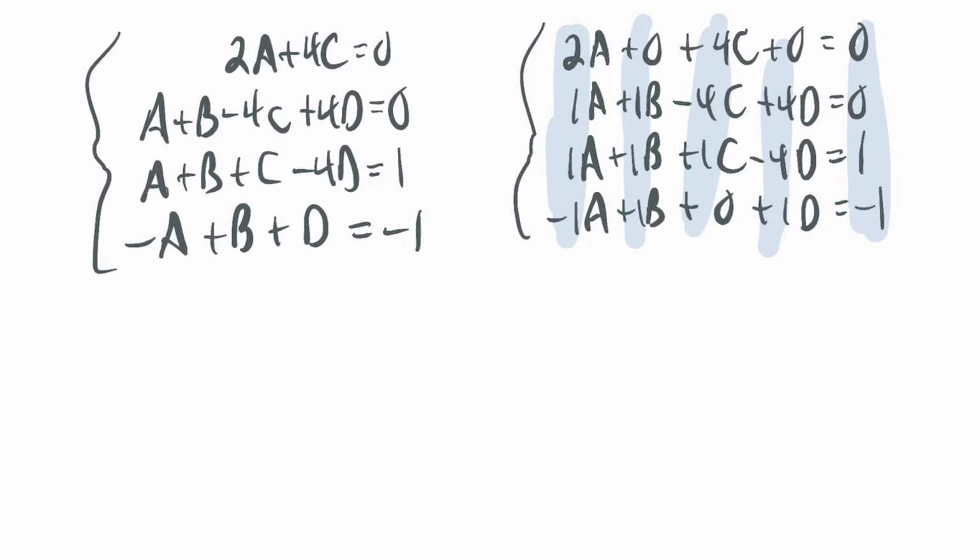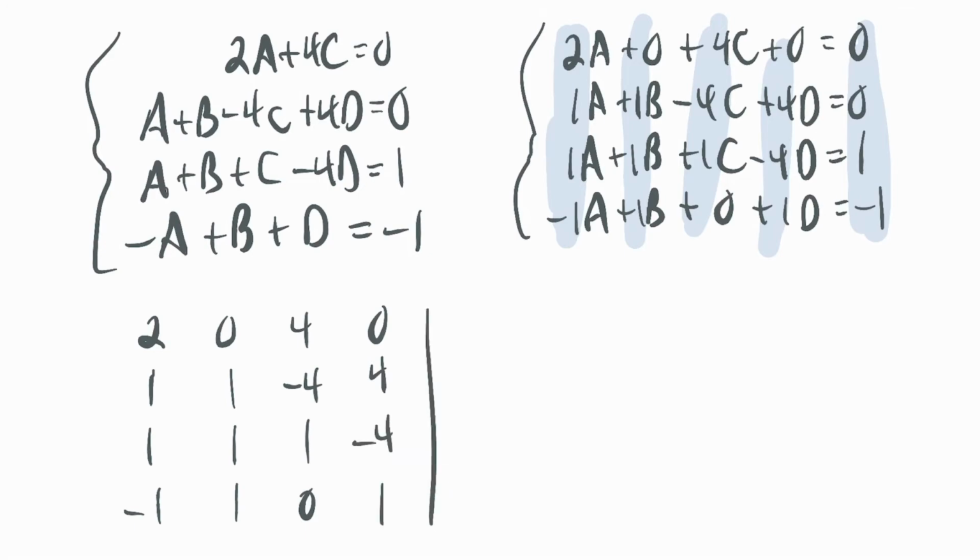So let's do that. I think for this one, that's going to be the most efficient way. So let's say 2, 1, 1, negative 1, 0, 1, 1, 1, 4, negative 4, 1, 0, 0, 4, negative 4, 1, and then 0, 0, 1, negative 1.